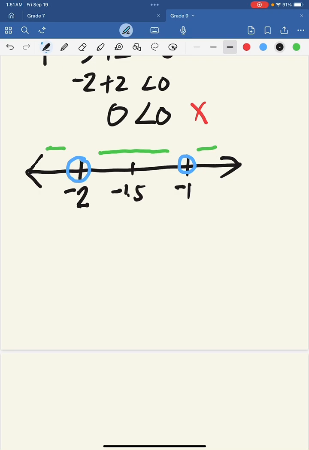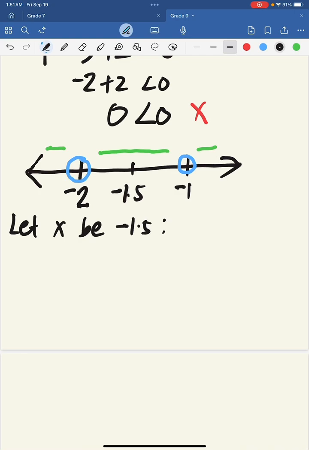Anyway, if we deal with the concept of infinity, we could use a lot of numbers between negative 2 and negative 1. But just to be safe, or to have something very obvious, we could just use negative 1.5. So let x be negative 1.5.